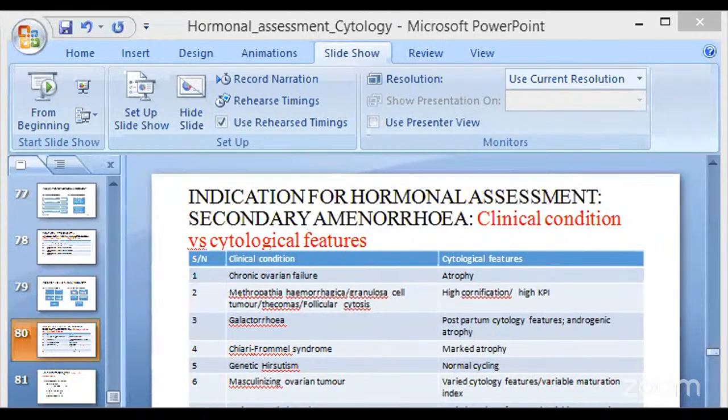Can you still see my slide? Yes, sir. Okay. All right.